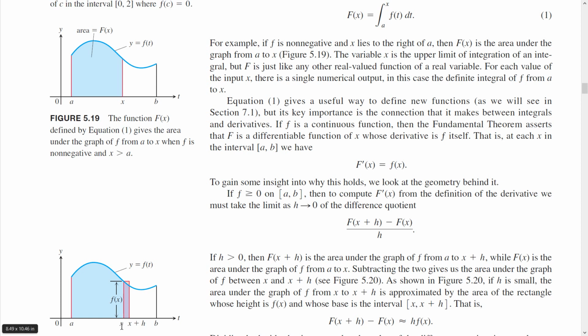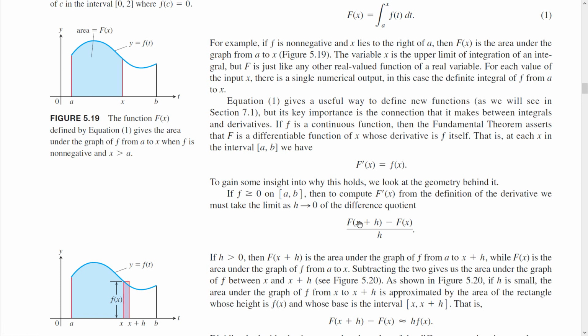Now we have a point x, and we have a point x plus h, where h is very small. F(x) is the area under the curve from x equal to a to this value of x. So that is, uppercase F(x) is this area in blue shade, whereas uppercase F(x plus h) is the area under the curve up till x plus h.